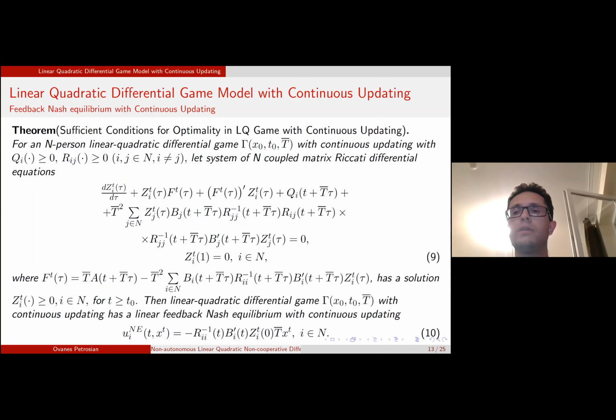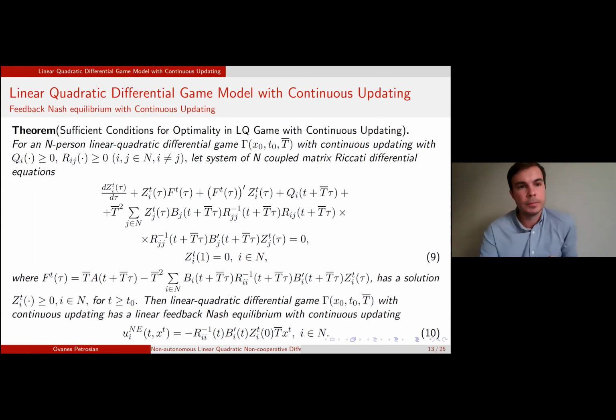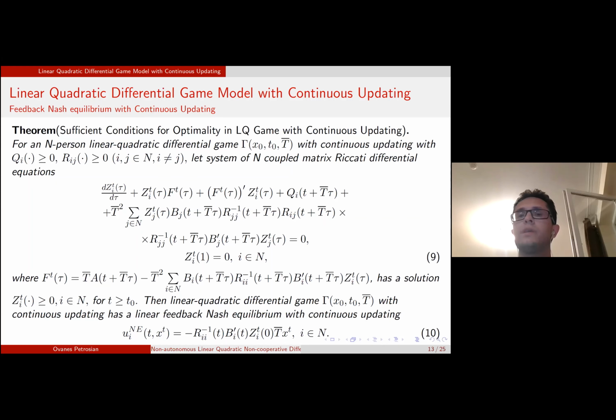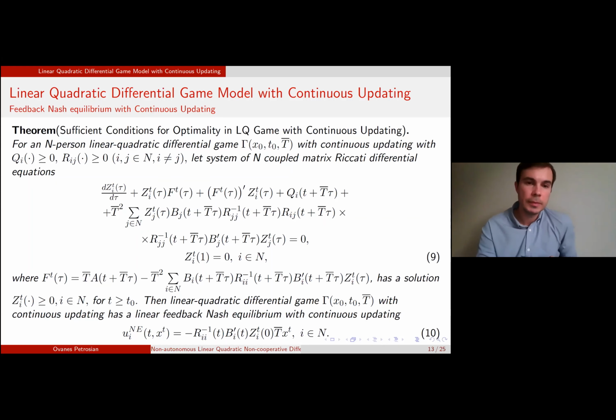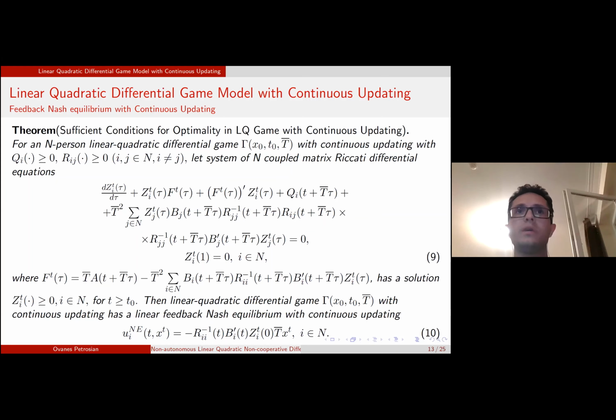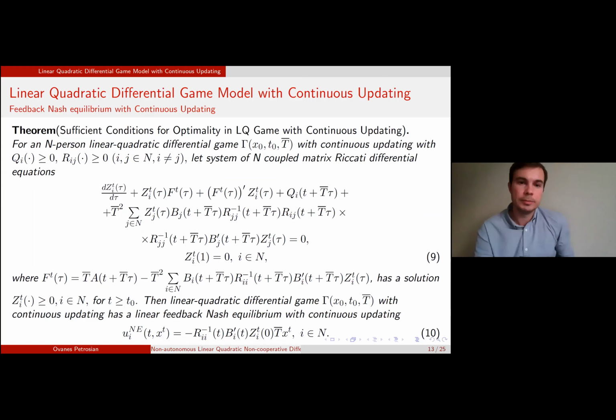Here, I did not add any additional condition for when t plus t dash is less than or equal to large T, where large T defines the length of the game. I did not add this condition, but of course it can be taken into account. Then the theorem on this slide would be divided into two parts: when t is less than large T minus t dash, and when it is more.